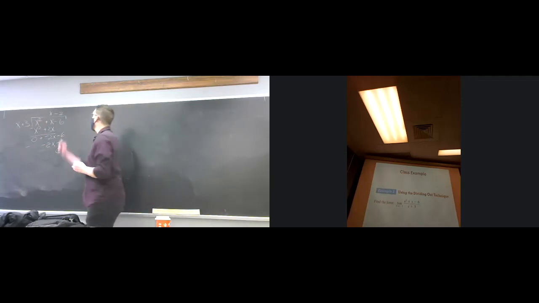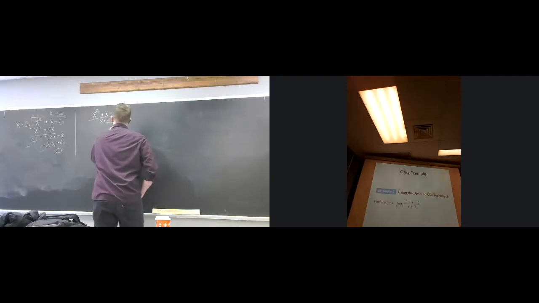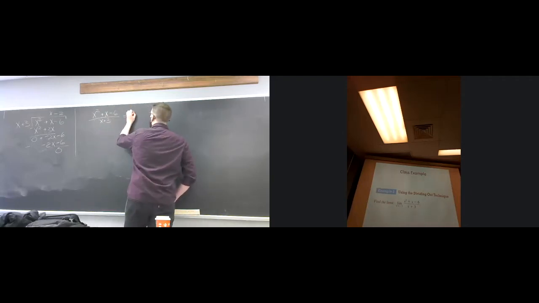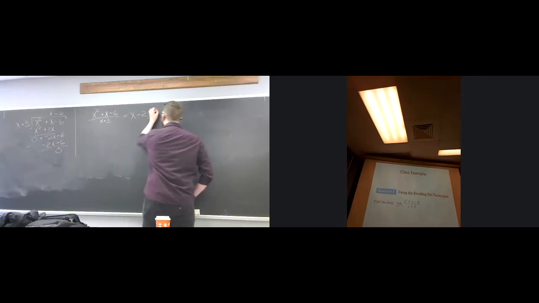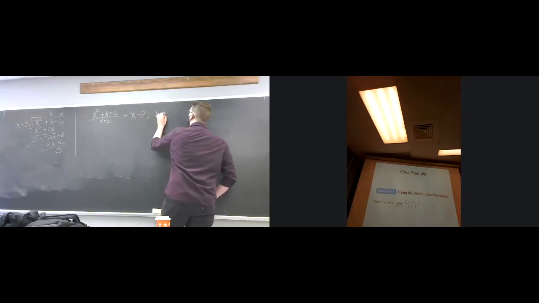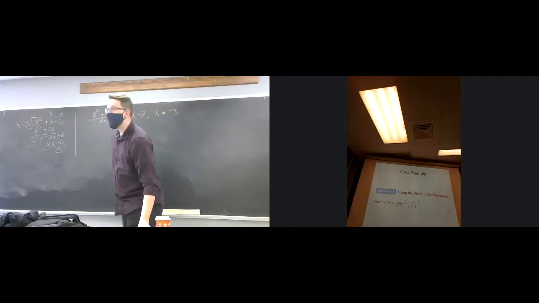So we can use long division here to find out that x squared plus x minus 6 over x plus 3 is equal to x minus 2 whenever x is not equal to negative 3. Is everybody with me so far?